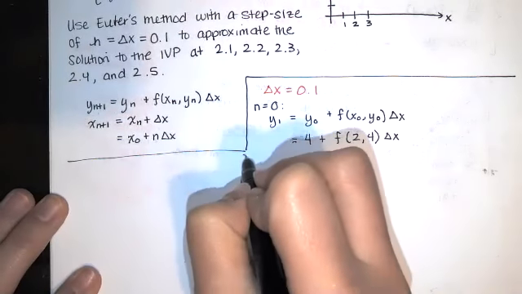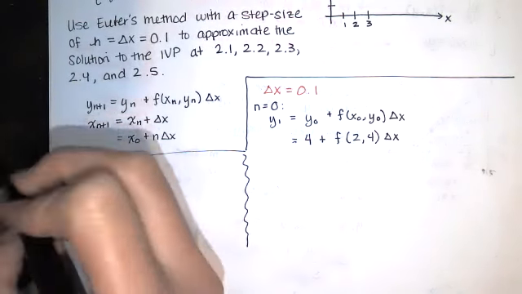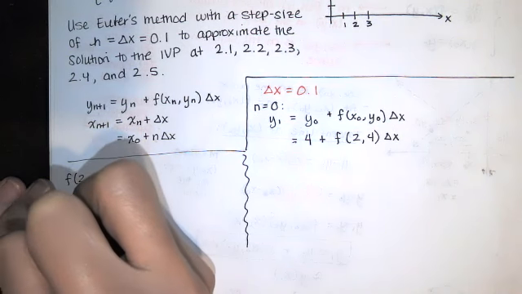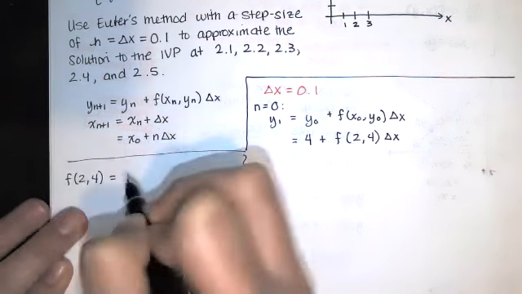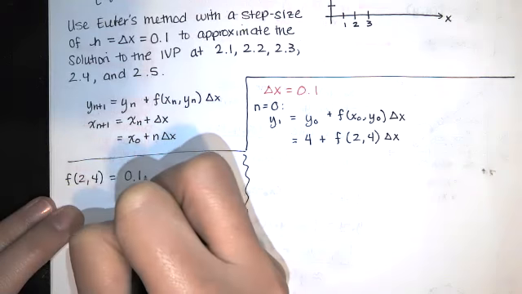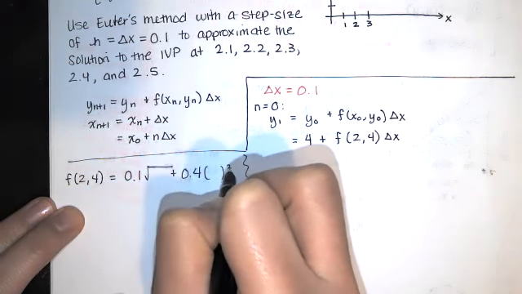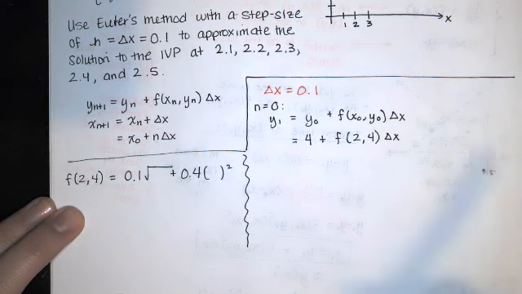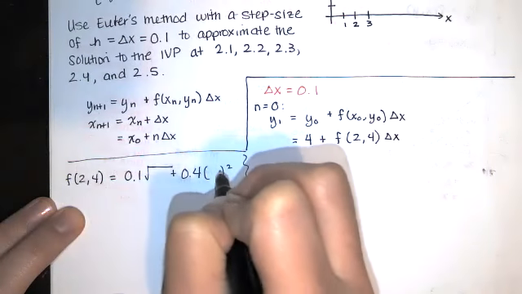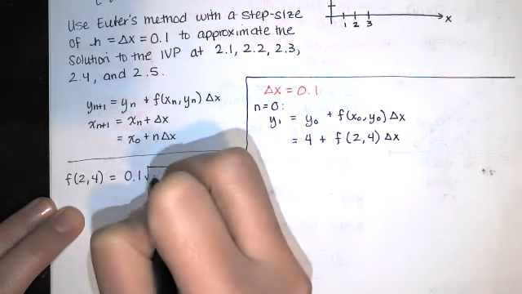Okay, I'm going to do this evaluation of that slope formula over here on the side. f of 2, 4 is 0.1 times the square root of y plus 0.4 times x squared. X is 2, y is 4.